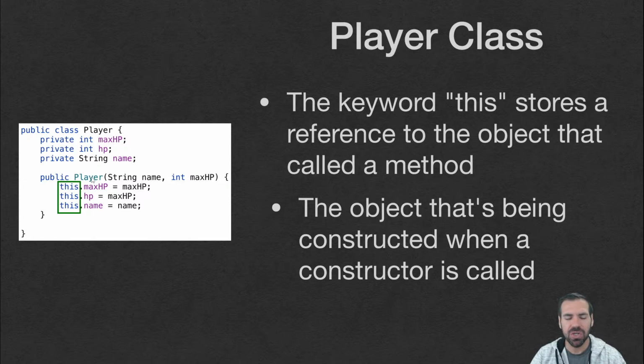In the case of a constructor, it's a reference to the object that's being constructed. And that's it. That's what the keyword this is. If you hear me and understand that, you know the keyword this.